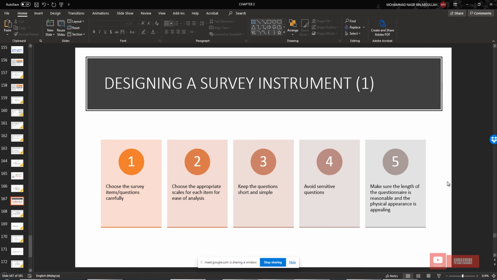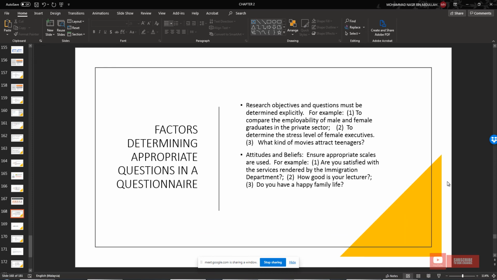If there are too many questions, then the respondent will get bored, and they will start to hantam all the questions or try to skip the questions, right? So you will miss out the data. So this is the point that you need to make sure of in designing a survey instrument, right?